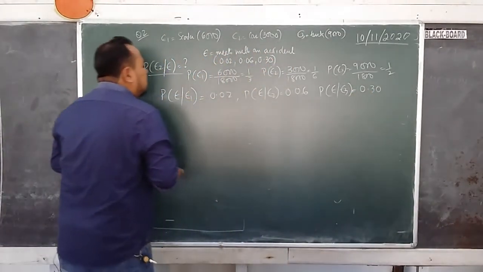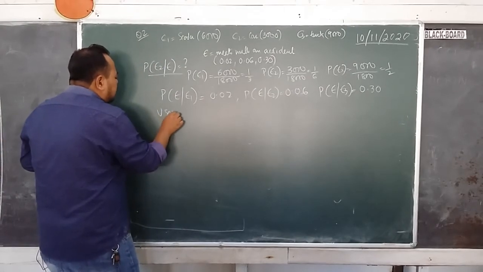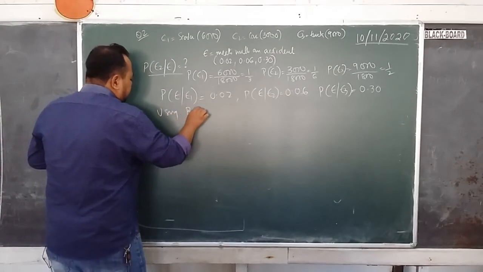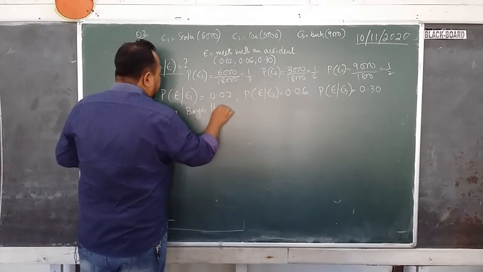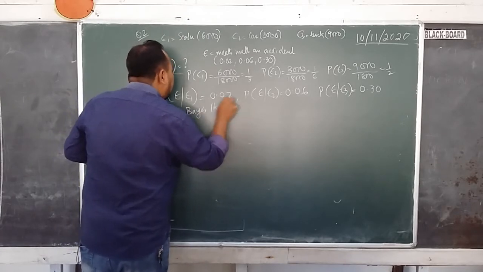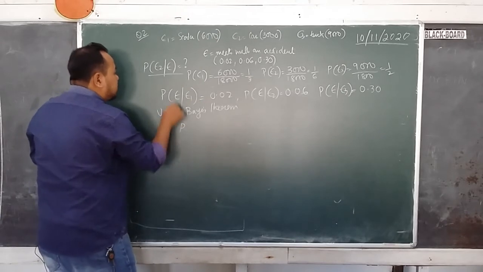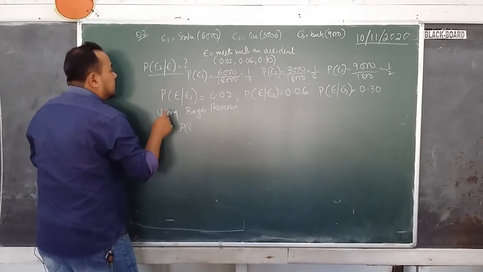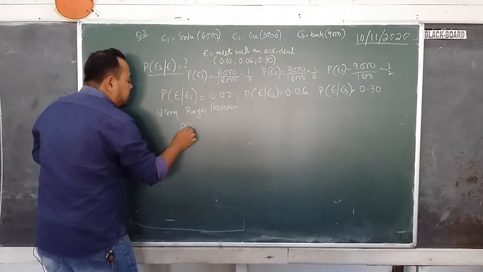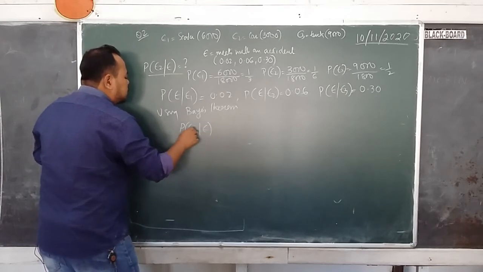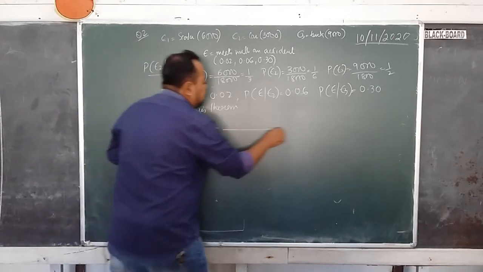So since all the values are known, using Bayes' theorem, what is the formula? Please tell me. I have to find the probability that the car driver meets with an accident. So probability of E2/E.